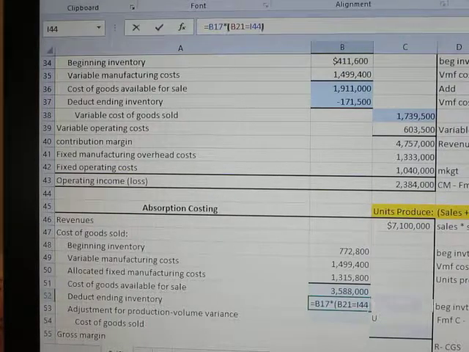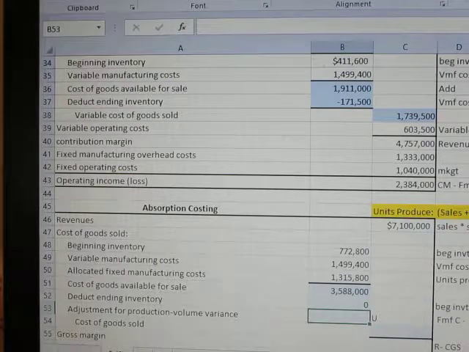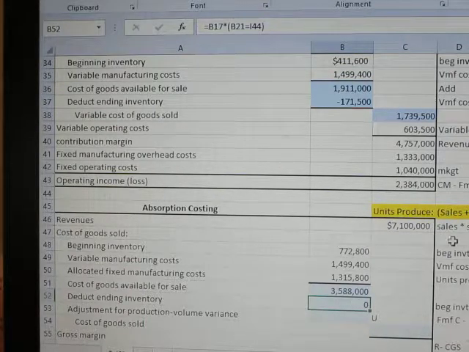Close parenthesis. And then I think I did something wrong here.